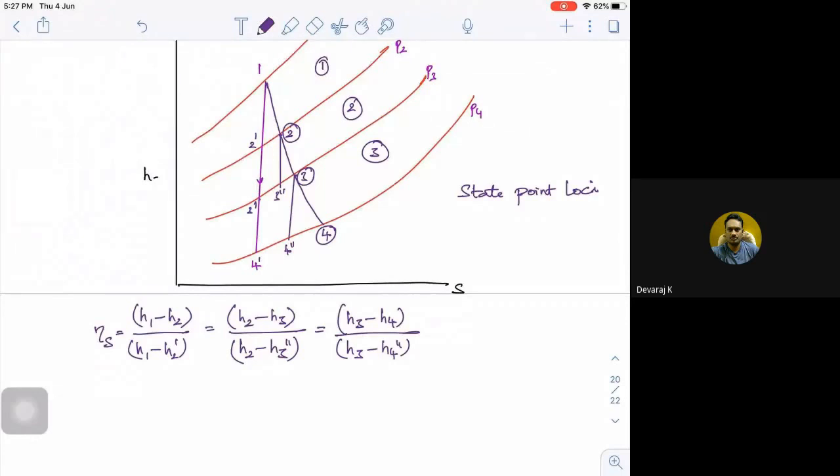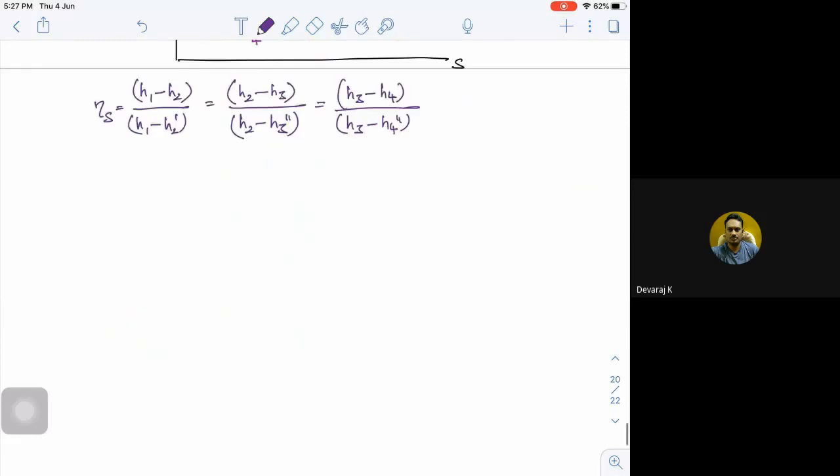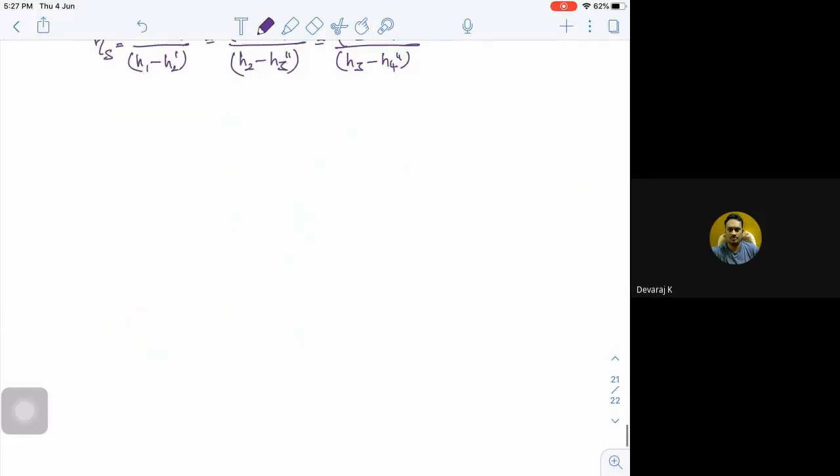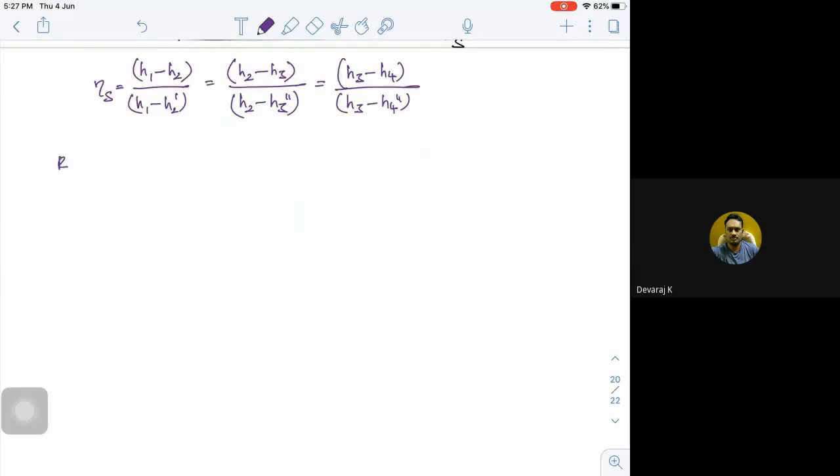This is very important. Because of this, we come across one simple factor, what is called the reheat factor. What is this reheat factor? This is the cumulative heat drop. What does cumulative heat drop mean?